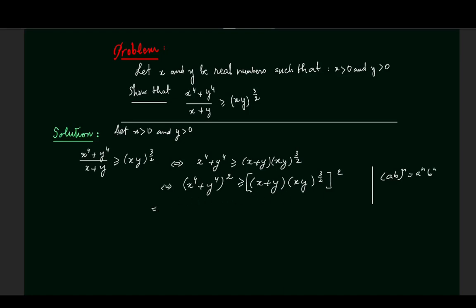So this is equivalent to, I'll expand this square here, by the binomial formula, x to the fourth all squared plus y to the fourth all squared plus 2 times x to the fourth y to the fourth is greater than, again we use this law here, (x plus y) squared times (xy to the 3/2) all squared.